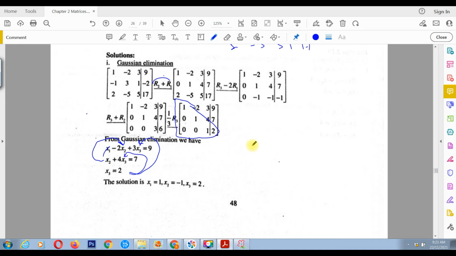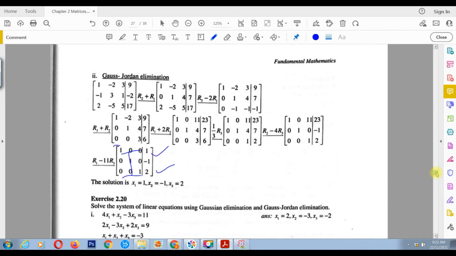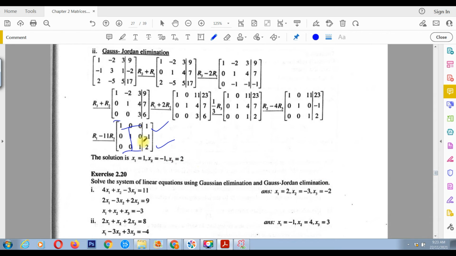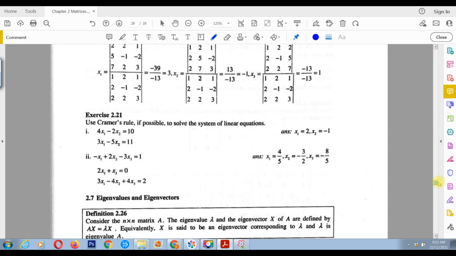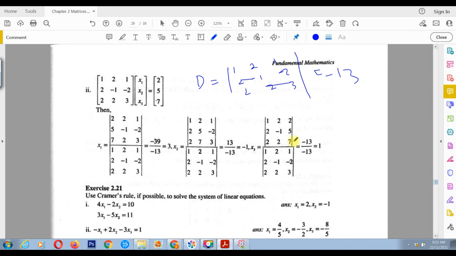Okay, so for here you just get it from the matrices. And here is an example for this. Okay, until now, is it clear or still not understand what I'm teaching today?